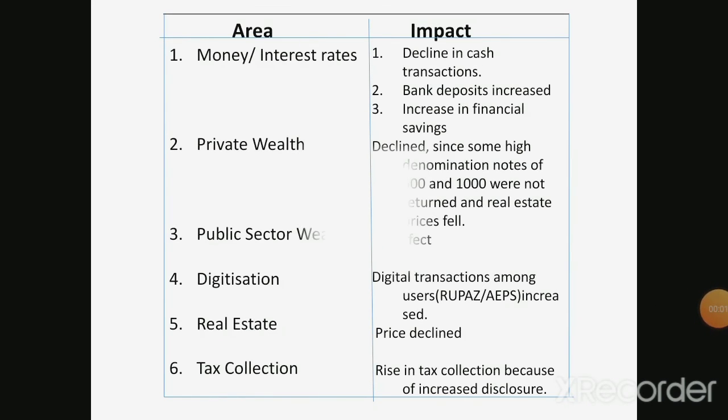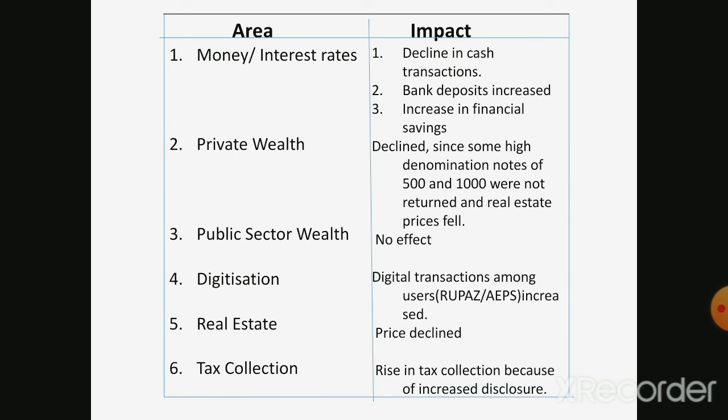Now here are some impacts of demonetization in particular areas. First, in money or interest rate, the impact was a decline in cash transactions, increased bank deposits, and an increase in financial savings. Second area is private wealth, which declined since some high denomination notes, 500 and 1000, were not returned and real estate prices fell.